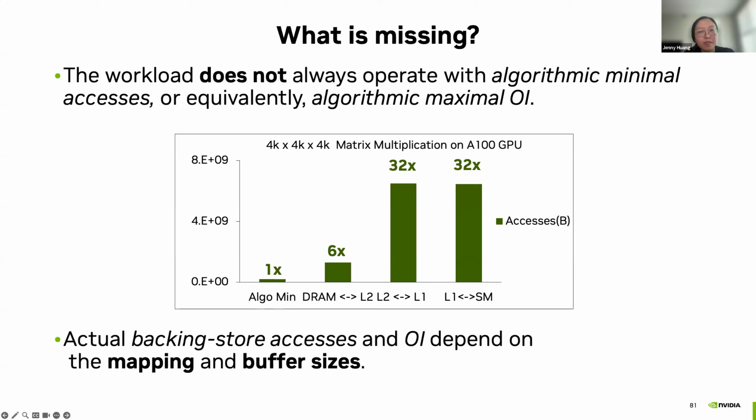And this discrepancy arises because the actual backing store access, or the operational intensity, depends on the mapping and the buffer size, as we showed in the previous studies. So how we determine the buffer size matters a lot for the minimum achievable DRAM access count, or the backing store access count.